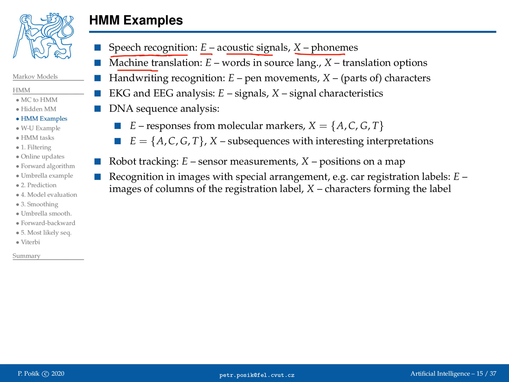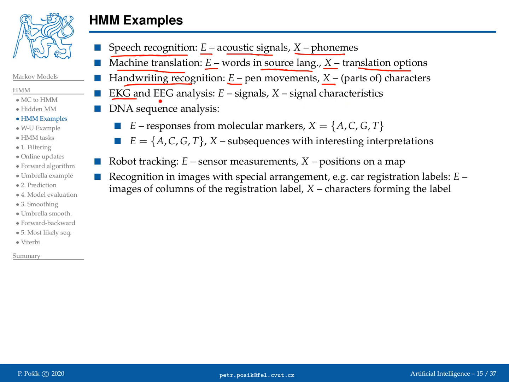Or, for example, in machine translation, the observations are words in the source language, and the hidden states X are the translations in the target language. Or handwriting recognition. You observe the pen movements and you try to estimate what characters these pen movements actually represent.